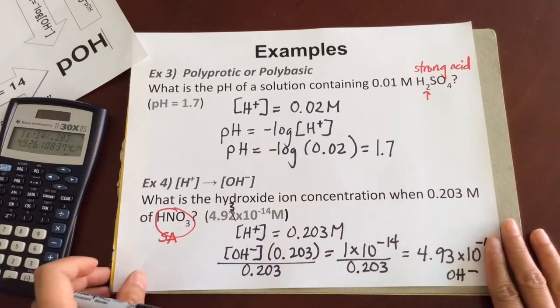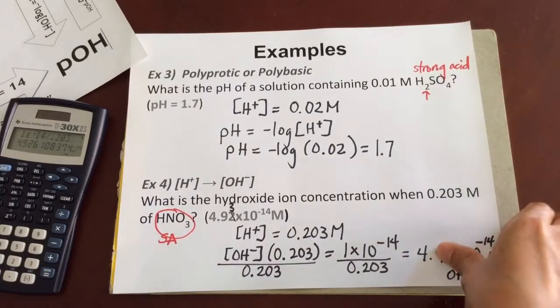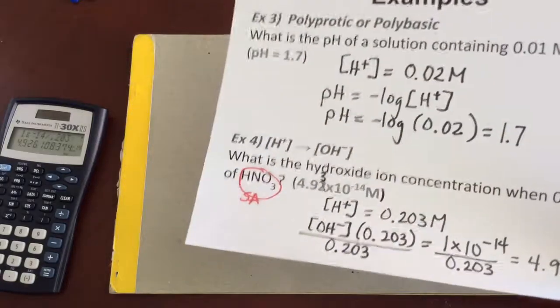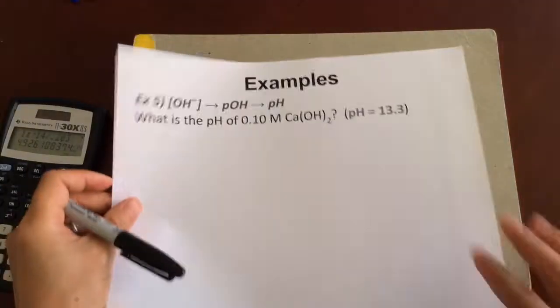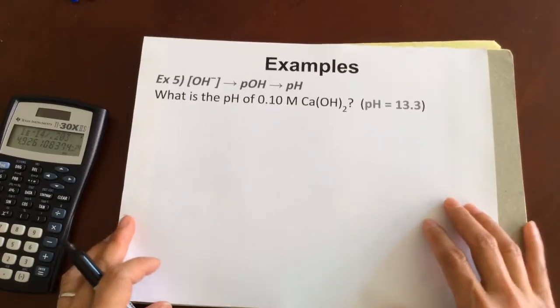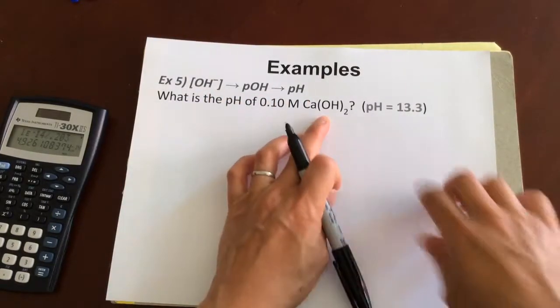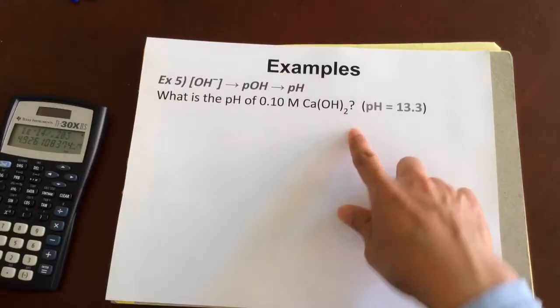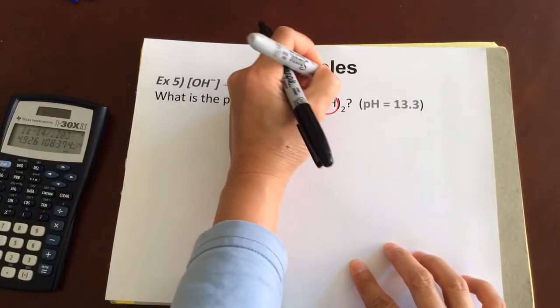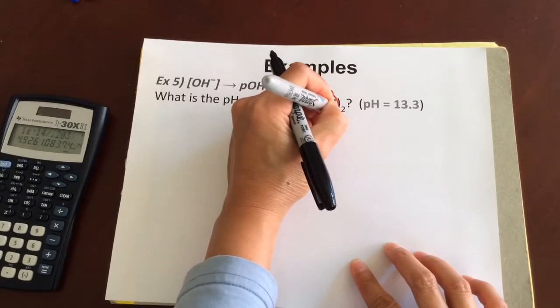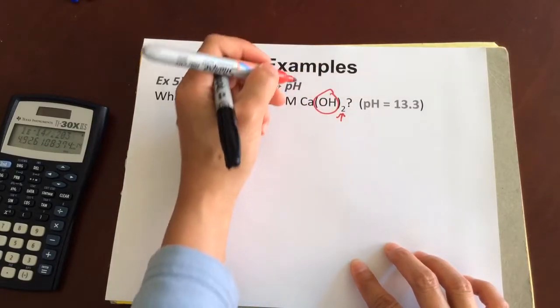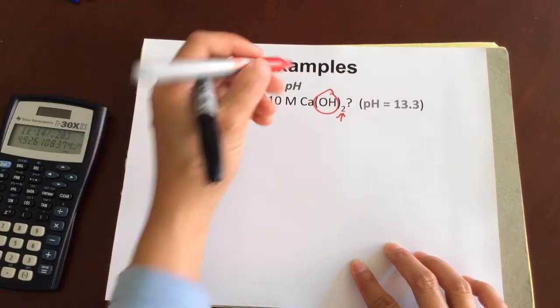Okay. So now we go to example number 5. This is our last example. In example number 5, you're doing 3 steps. You're given a base, a strong base. So I know that this is a base because it's got the hydroxide ion, and it's polyprotic. Notice it's dibasic.